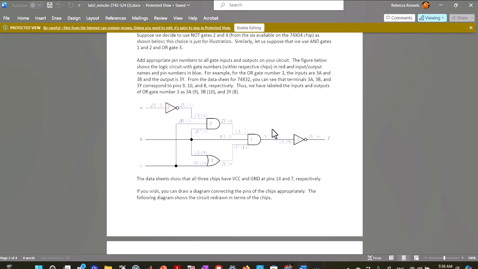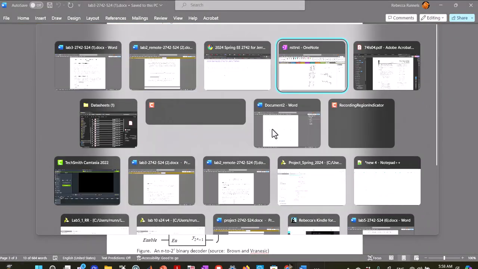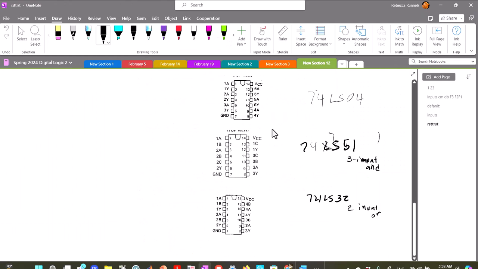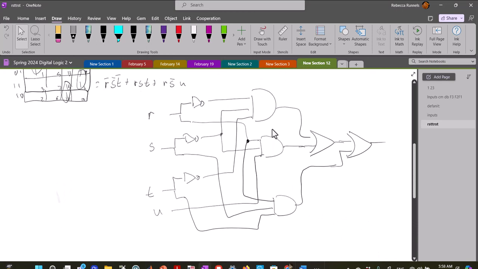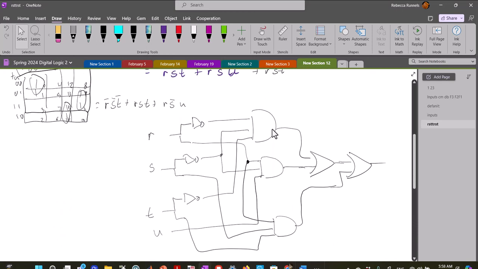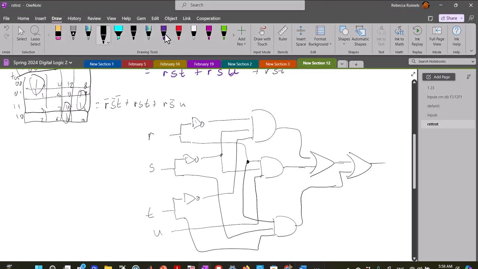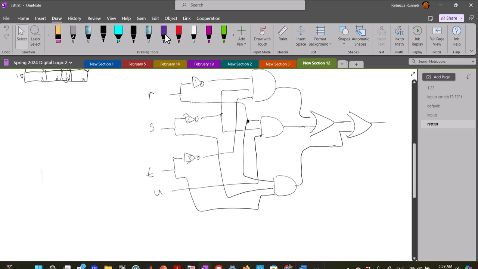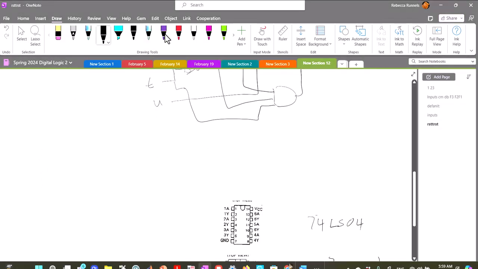Okay. So the inverter has 6 different gates, and so I will just put these on gates 1, 2, and 3, and the input.